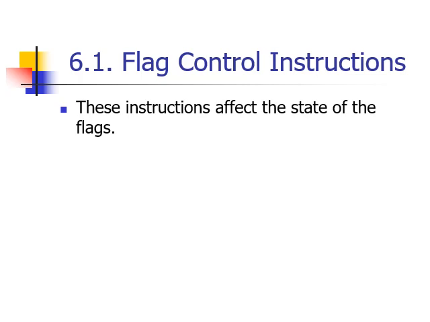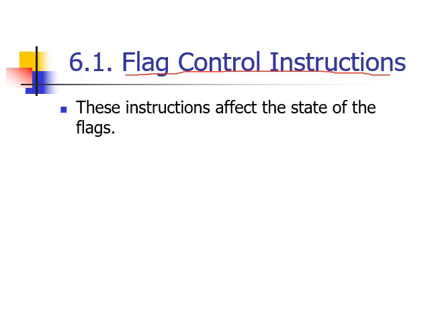To control the program with these instructions, jump and call, you call a subroutine or you jump to somewhere inside your code. You use your flag control instructions to help you do this.